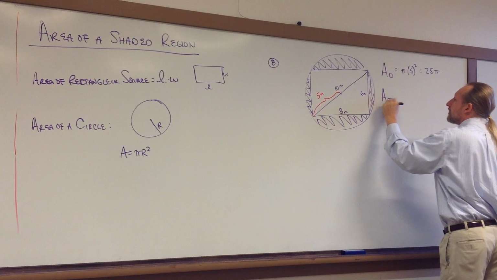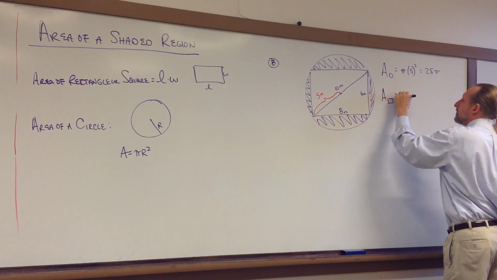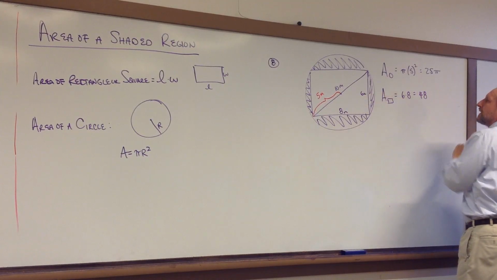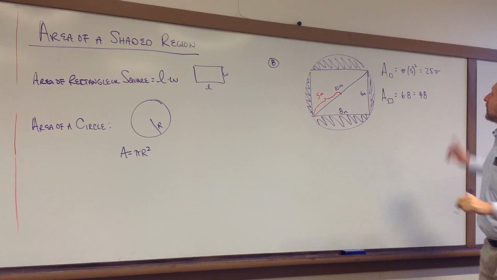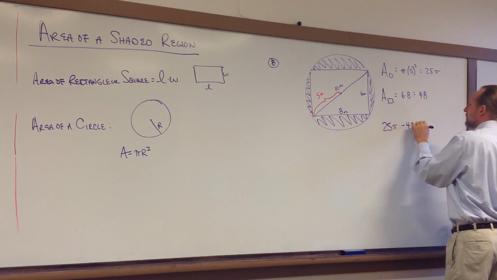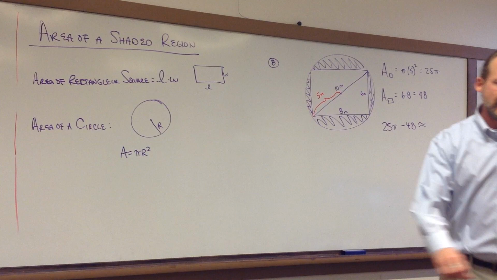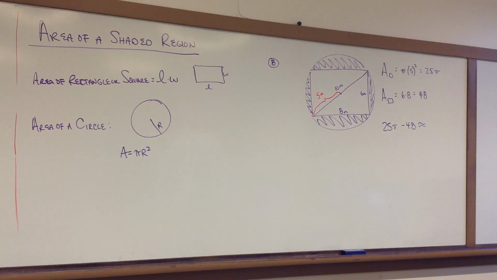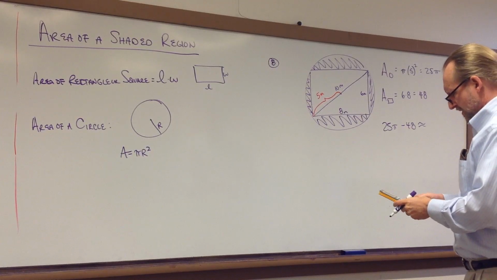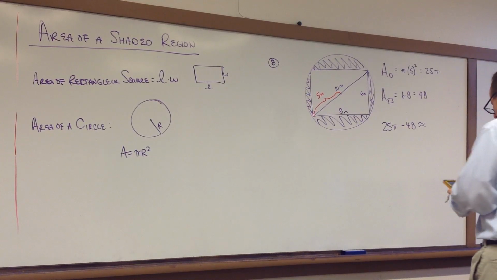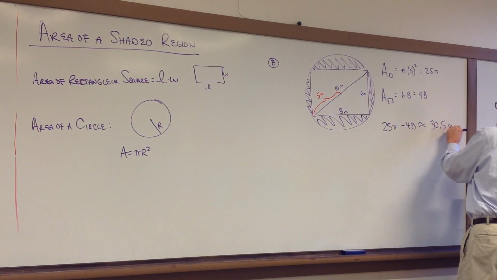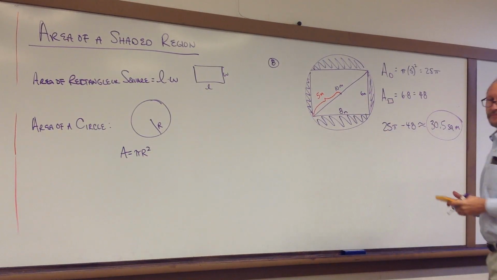And then the area for the rectangle is going to be 6 times 8 meters, or 48 square meters. And so the area of the shaded region is 25 pi minus 48. And then we'll use the calculator to get a good approximation for that. Let's see here, 25 pi minus 48, about 30.5 or so, 30.5 square meters.